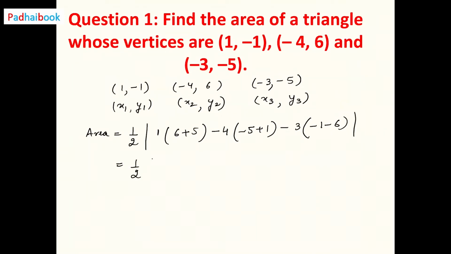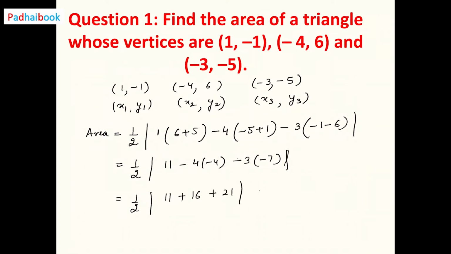So half, this will be 11 minus 4 into minus 4 plus 3 into minus 7. Now here this is the modulus sign over there. So the next step is half, 11 plus 16 plus 21.